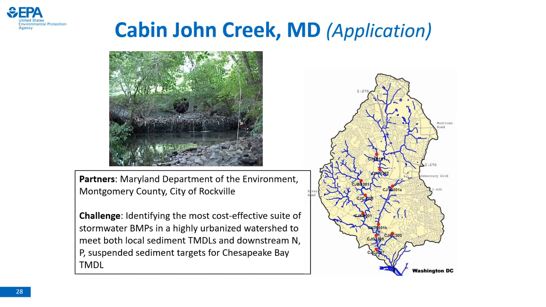We worked in collaboration with the Maryland Department of Environment, Montgomery County, City of Rockville, and the State Highway Administration to identify the most cost-effective suite of stormwater BMPs in this highly urbanized watershed, Cabin John Creek, to meet both the downstream targets for Chesapeake Bay, as well as local sediment TMDLs to protect the aquatic life within the streams of Cabin John Creek.